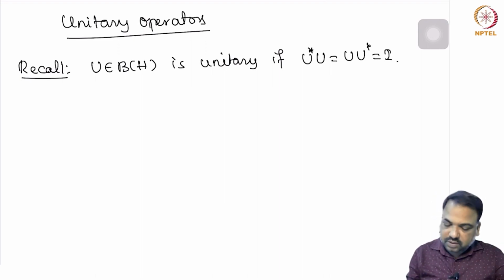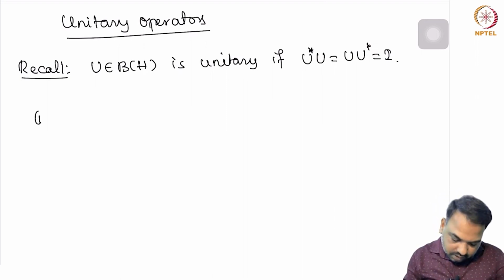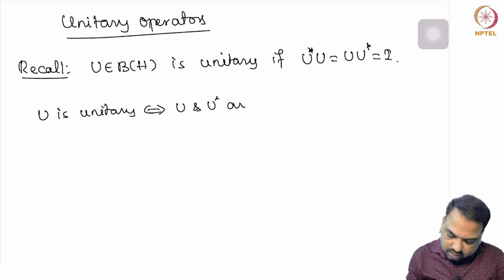Now we know that when U star U is identity, U is an isometry. When U U star is identity, that means U star is also an isometry. So we can say that U is unitary if and only if U and U star are isometries.